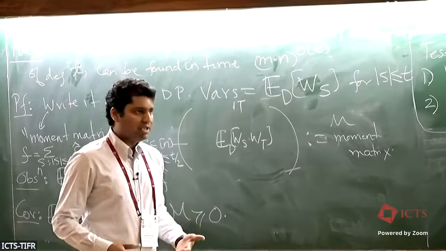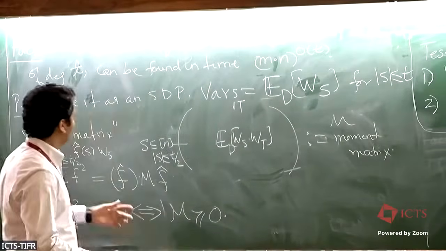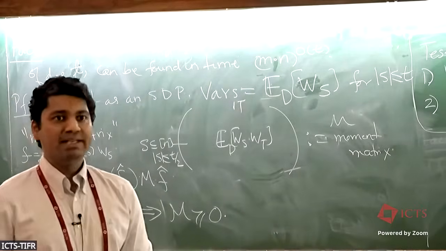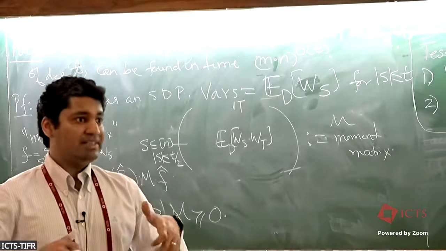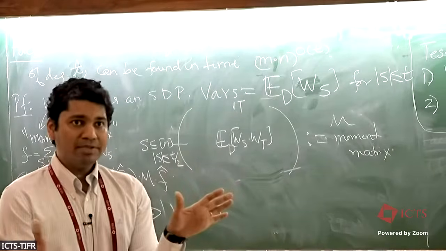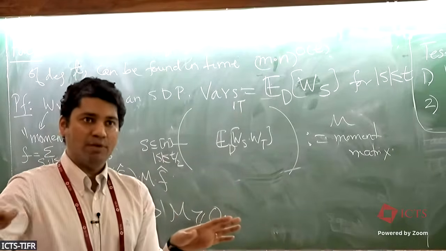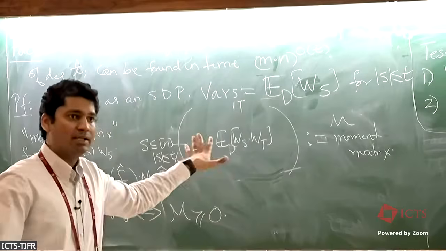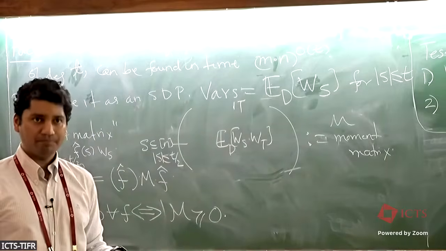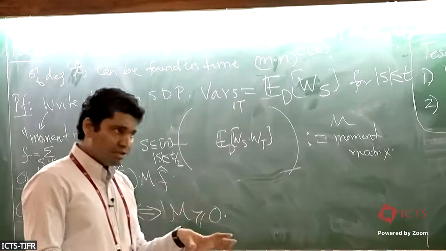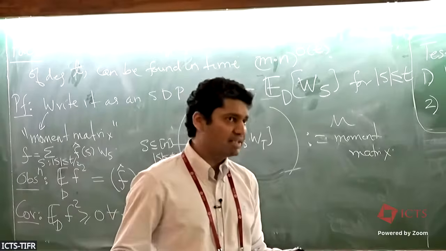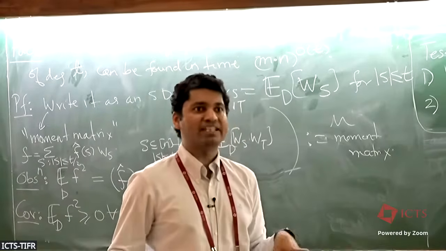So this whole discussion means that the task of finding a pseudo distribution that satisfies a bunch of constraints is basically the same as the problem of finding a bunch of numbers which satisfies some linear equations. And in addition, when you put these numbers into a matrix, the matrix is positive semi-definite. Such a system of constraints, where there is a positive semi-definite constraint, is a convex program, and in particular it is an example of a semi-definite program.